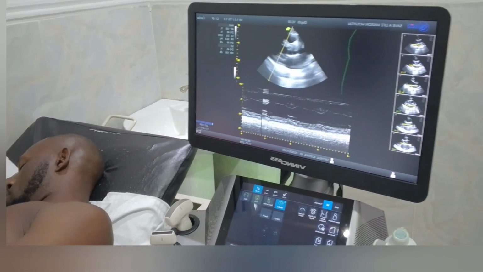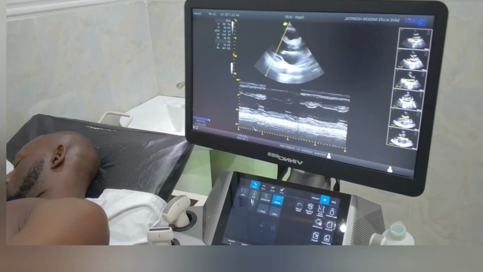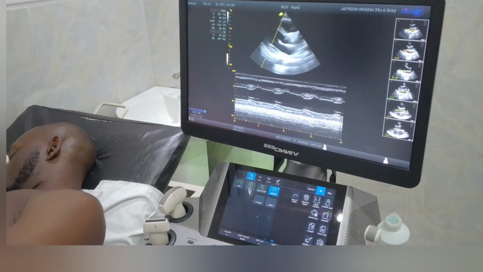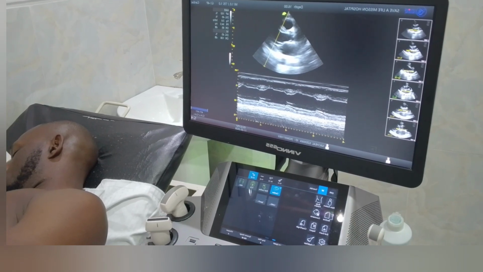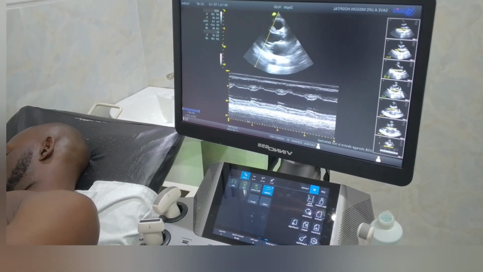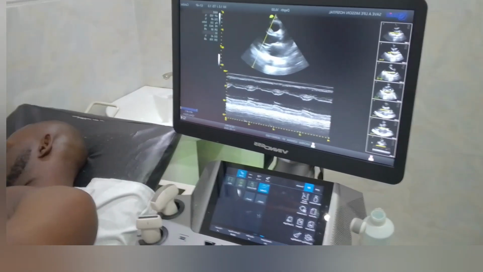What the M mode helps us do is to also acquire this same measurement, but this is no longer the standard of practice. So we'll stop here and see. You can stop the video.